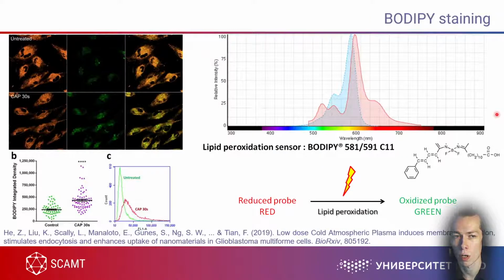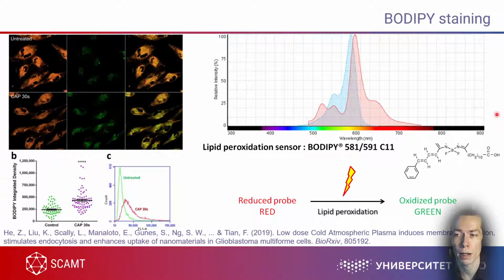But let's talk about other manifestations of ROS. It's lipid peroxidation. So it's BODIPY staining, and BODIPY is a whole family of different molecules which can be used to stain a lot of different organelles, parts of the cells.